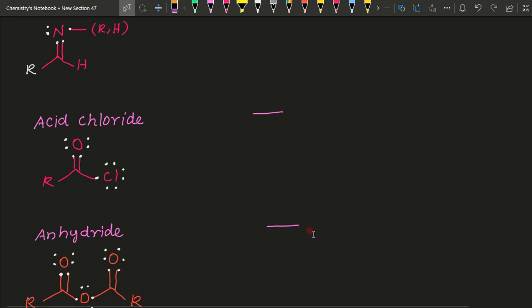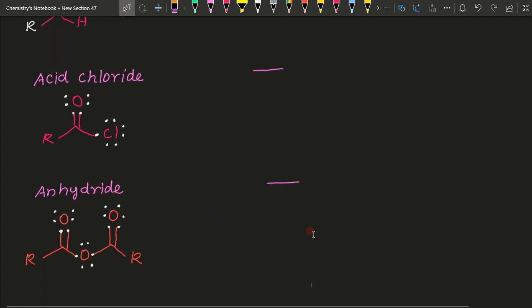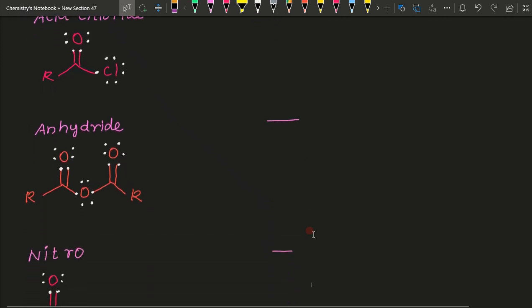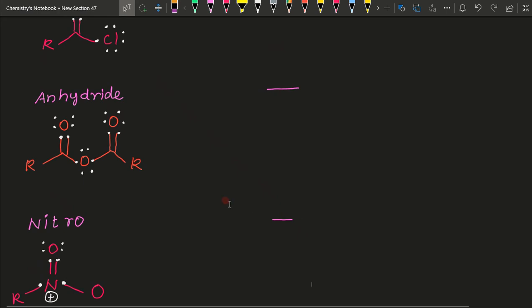Next, anhydride. See here, R is present. Here also R is present, double R present.